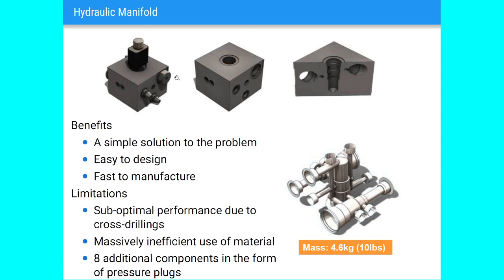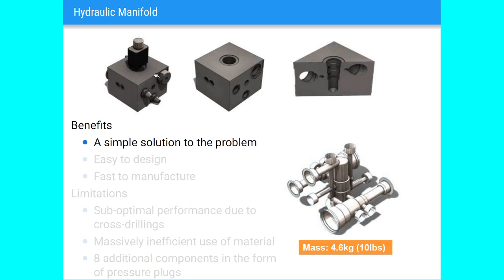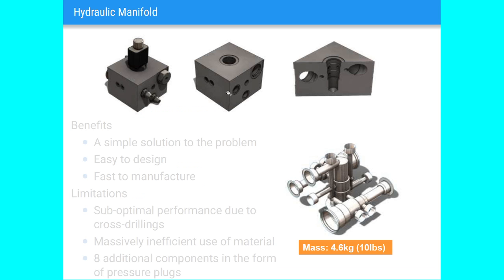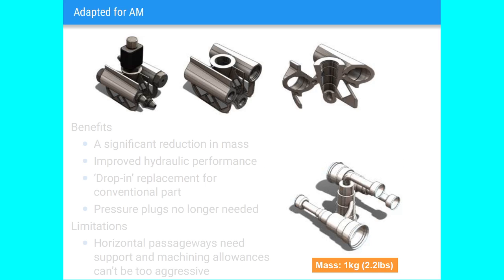In this case, the previous two designs were common. In the first case, we have all these components mounted in a metal block. In the second case, instead of this metal block, we have a printed skeleton on which the original valves, with no modification in their design, were mounted.